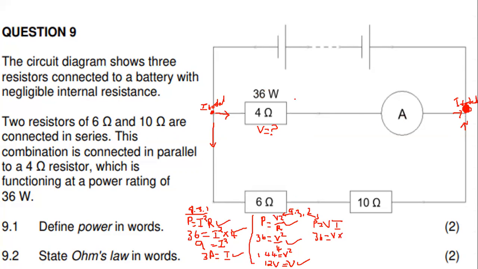The current that is flowing through there, remember, is that 3 amperes current, which we calculated there. So it will be times 3. So if you want V, it will be 36 divided by 3. You will still get 12 volts. So that still gives you the same answer. And it is 3 marks. Right.